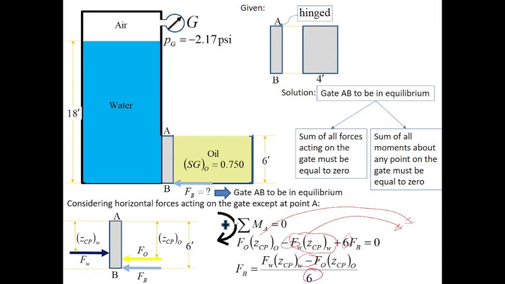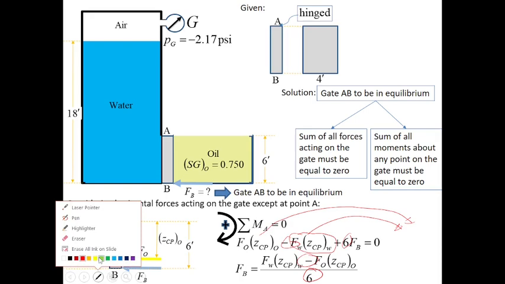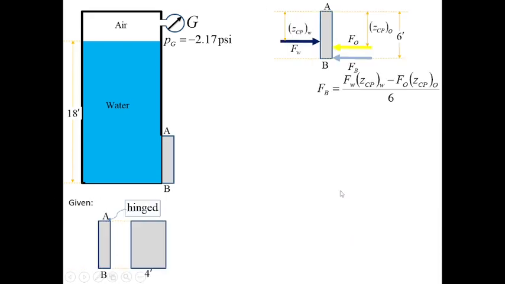So then we'll arrive at what answer? We don't have the force due to water yet. We need to find it. We also need to find the force due to oil, and this distance as well. We need to find four unknowns so that we are able to find F sub B.